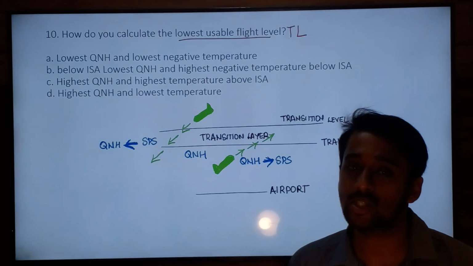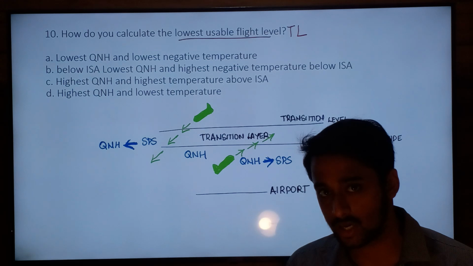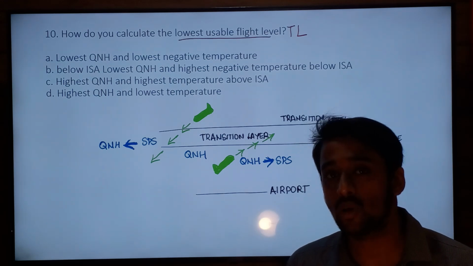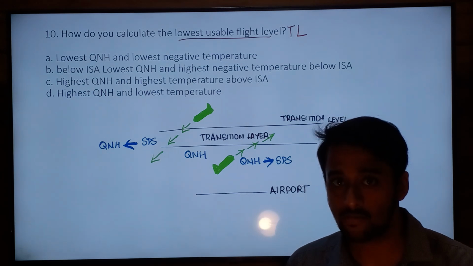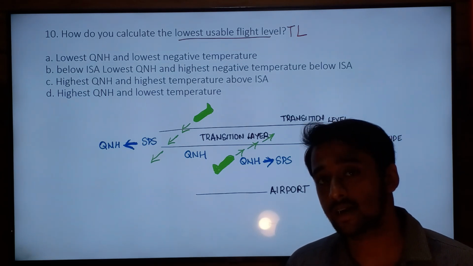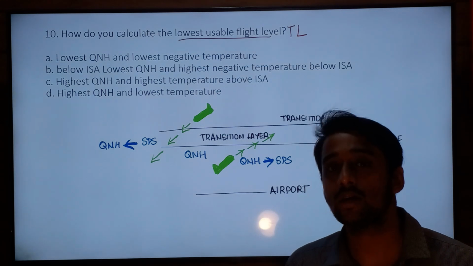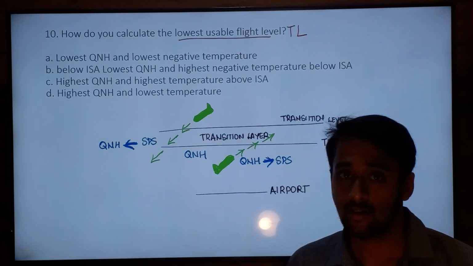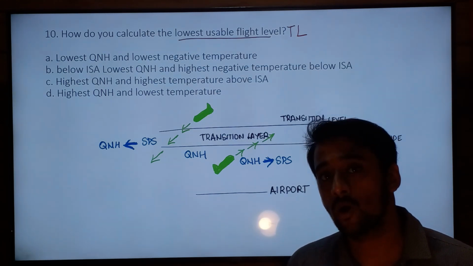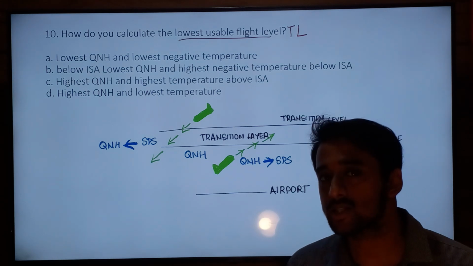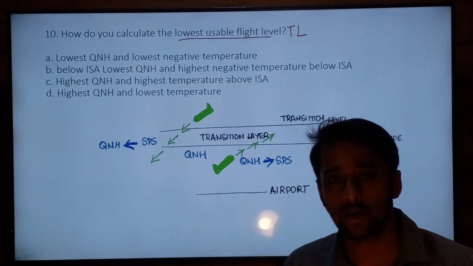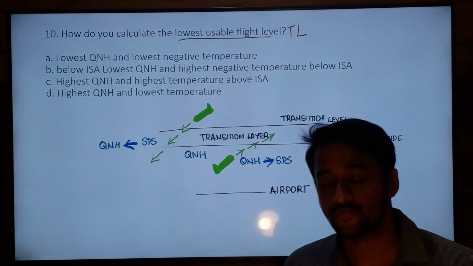Similarly, with a pressure lower than standard atmospheric pressure, the more intense the low pressure becomes, the more the pressure error will be, and the more the true altitude will be less than the indicated altitude. So these two conditions make it very unsafe to fly.